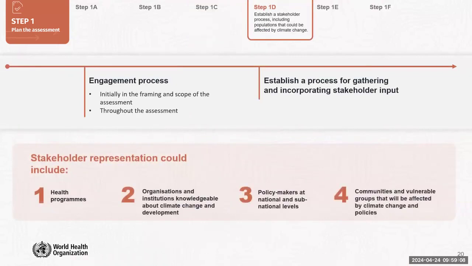So in this step, we want to look at how you would establish the stakeholder process, and the stakeholder representation would include the different health programs, the different organizations or institutions that know about climate change and health, for example.